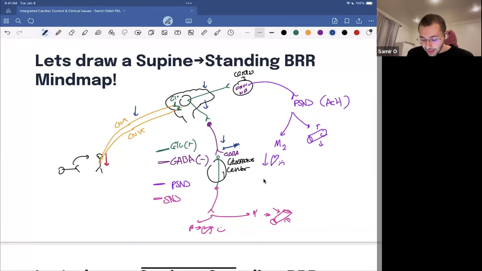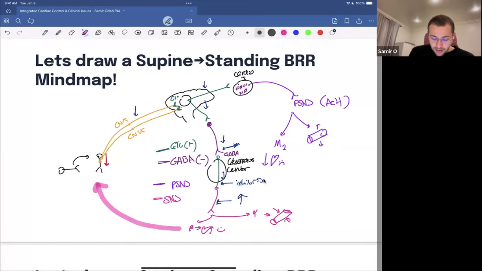And the sum of that less inhibition means that this sympathetic drive is now increasing. And the whole point of this sympathetic drive is simply to regulate what is happening here. It's causing a rise in your blood pressure to stop that negative signal that it is receiving.